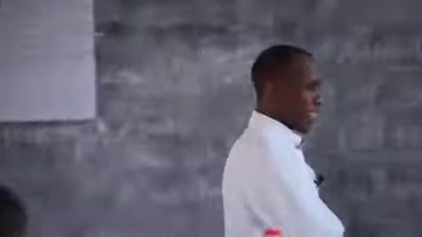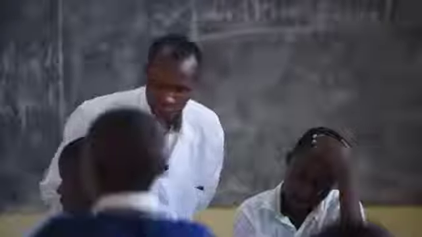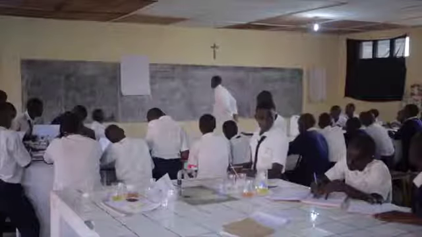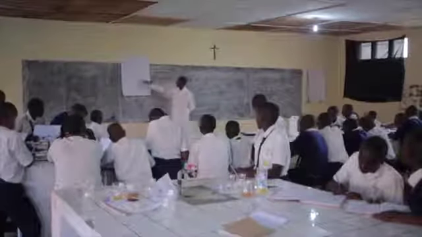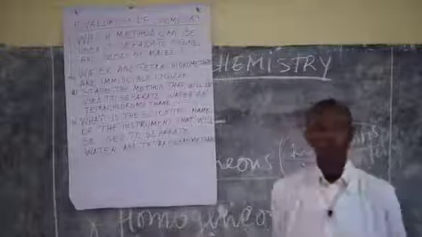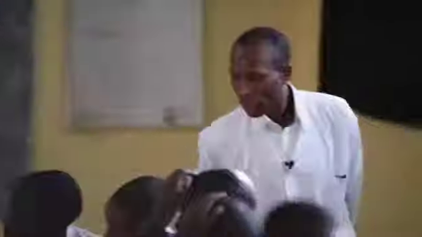That is sub-question A. Sub-question B. What is the scientific name of the instrument that will be used to separate water and tetrachloromethane? That was the last question of today.